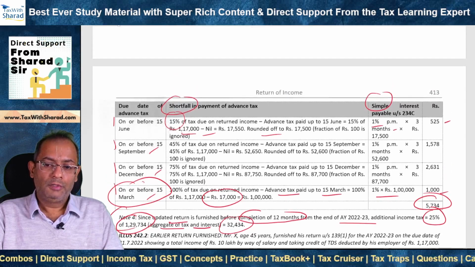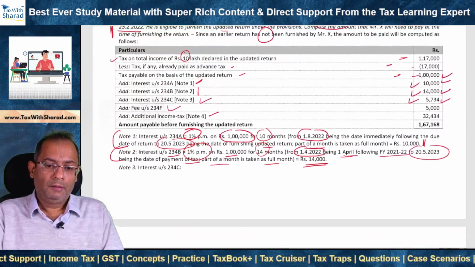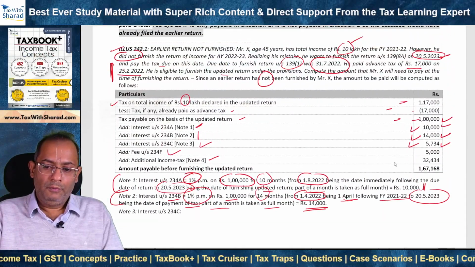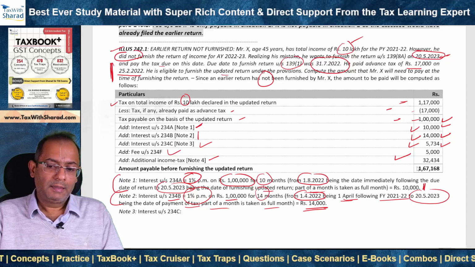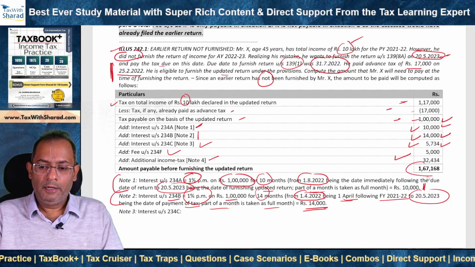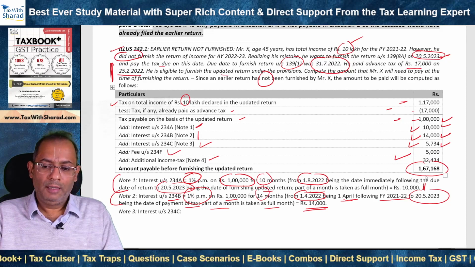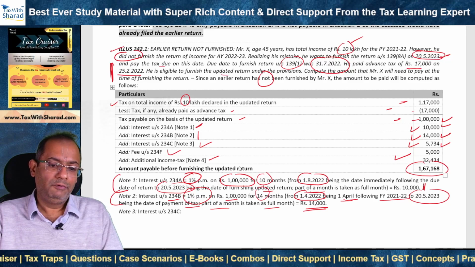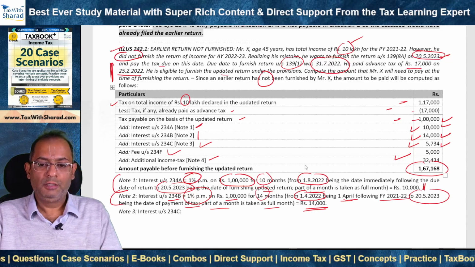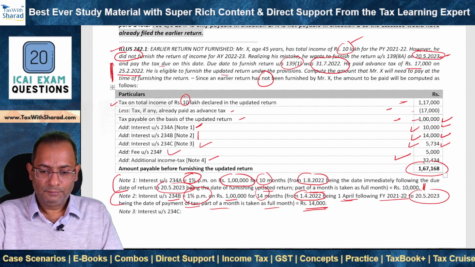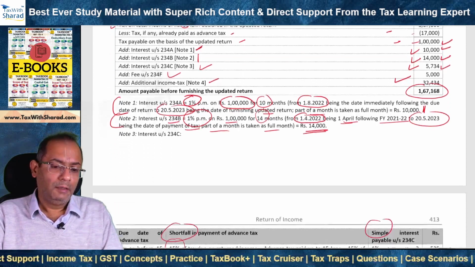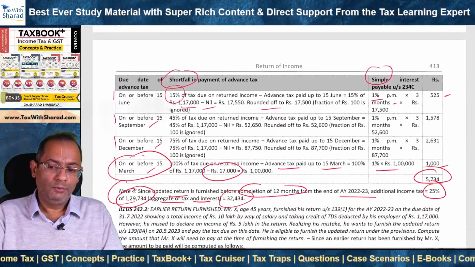So 32,434 will be the additional income tax, and consequently the aggregate of all this will be 1,67,168, which will be the amount payable before furnishing the updated return. Hope this is clear. Now let's move on to situation number 2.